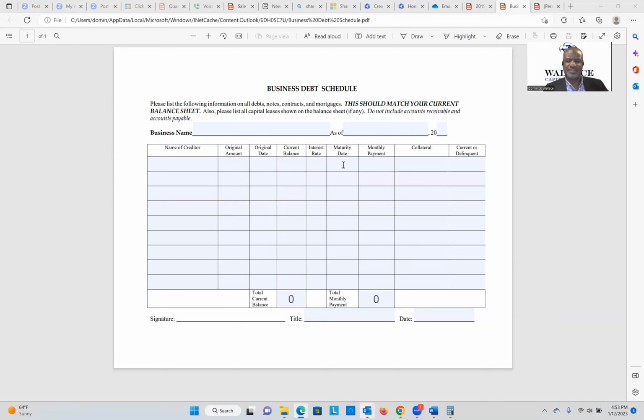The maturity date for a credit card is typically 5 or 7 years from the original date. Some credit cards will actually say in the fine print that this is the maturity date, when this credit card will be closed and you'll have to send it back. And again, the monthly payment on a credit card would be the minimum monthly payment for the card.